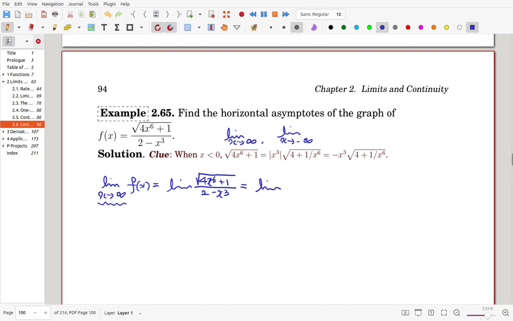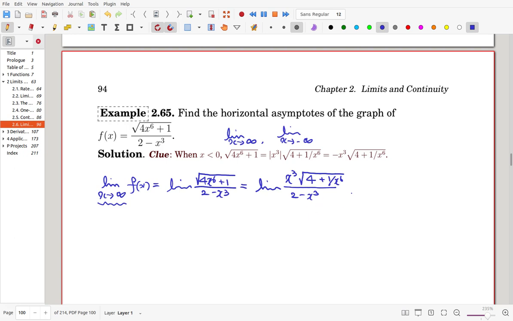So, okay, the limit, and 2 minus x cubed is the bottom, and the top is now x to the 3 and the square root of 4, okay, x to the 6. So we have to divide the inside of this radical by x to the 6. So that becomes 4, and the last term should be 1 over x to the 6.